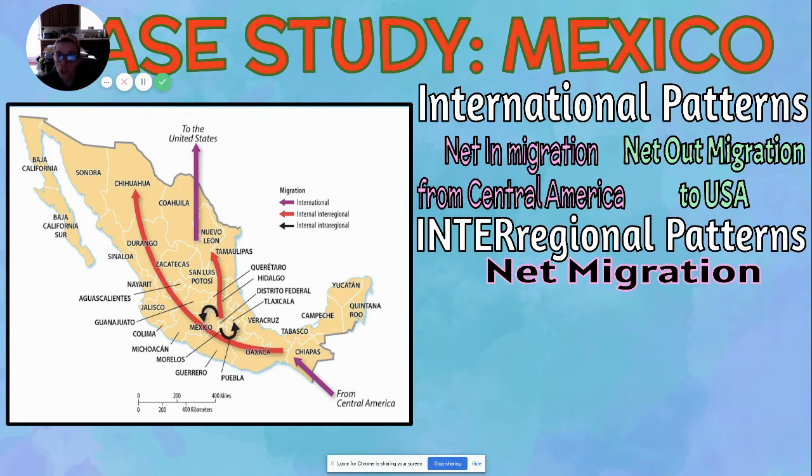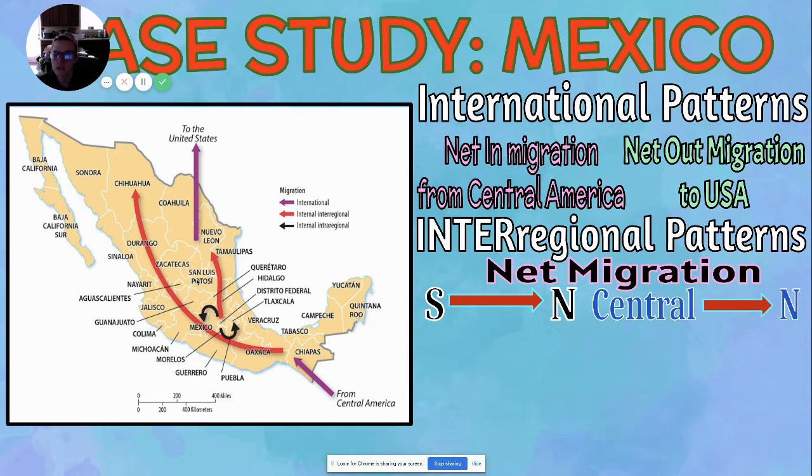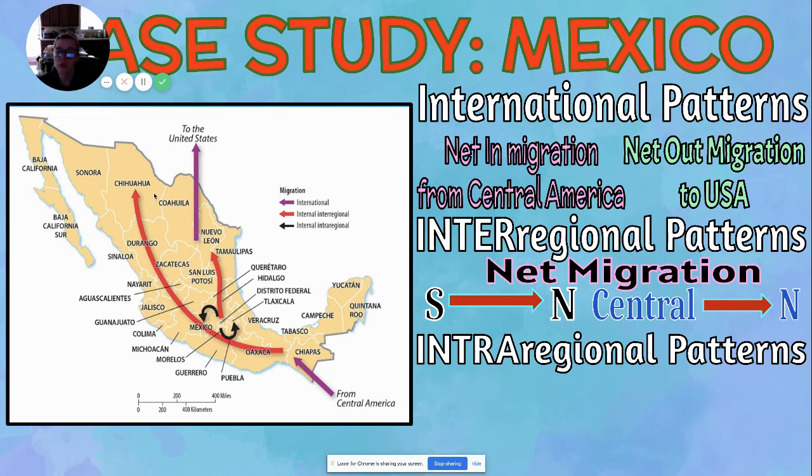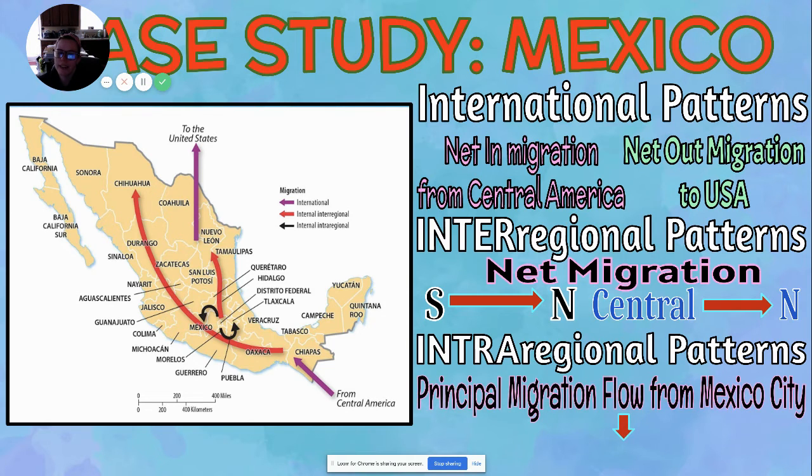All right, inter-regional patterns. Where are they moving amongst all of the regions? Okay. What we got going on here is we got folks in southern Mexico moving to northern Mexico, and central Mexico is also moving to northern Mexico. I think everything's going towards the border. All right, intra-regional patterns, what are they doing, guys? They are moving out of Mexico City.